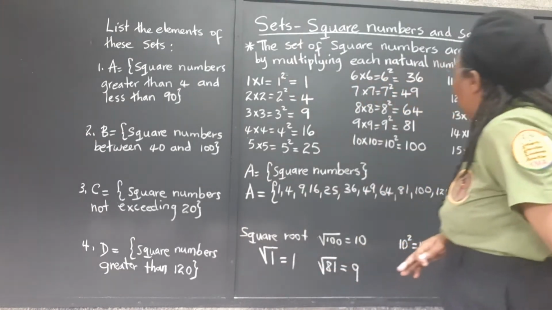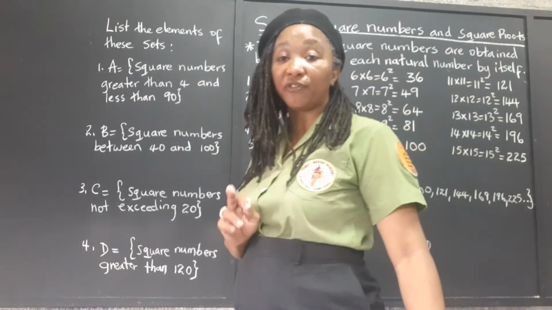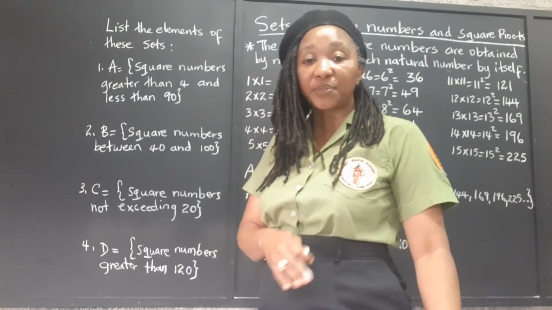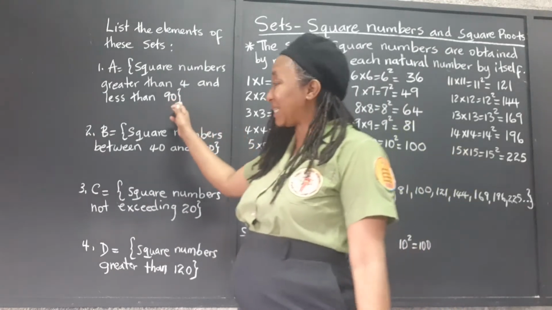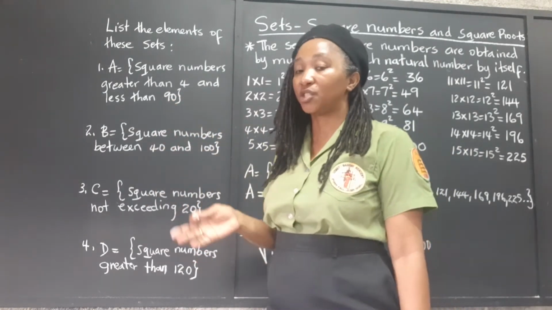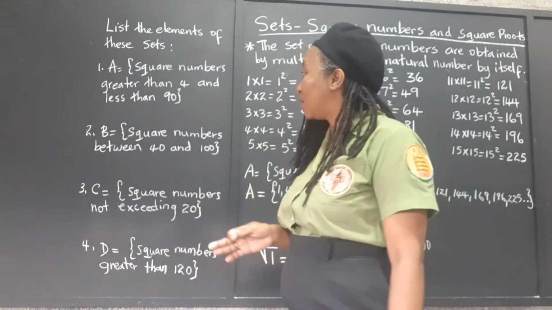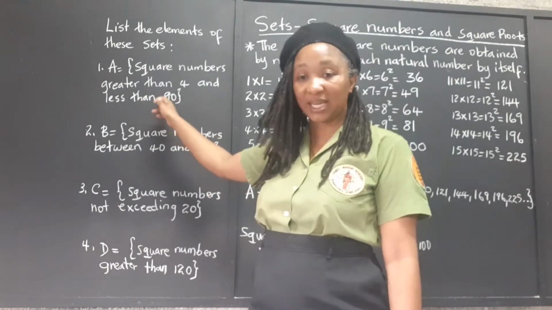So let's see, what are the square numbers that are greater than 4? We're not going to include the 4. It must be greater than 4. Less than 90. So even if 90 was a square number, which it isn't, we would not include the 90 either, because it has to be less than 90.